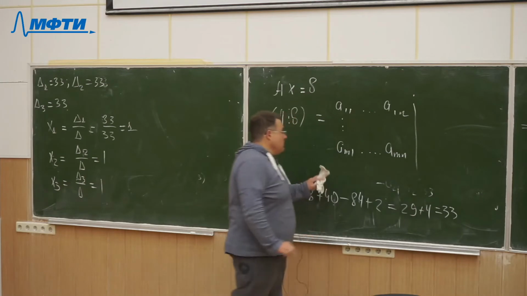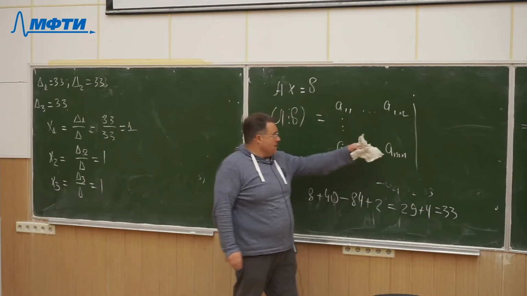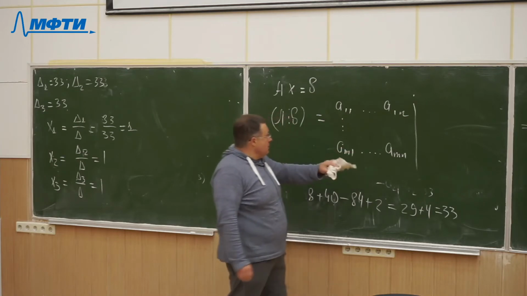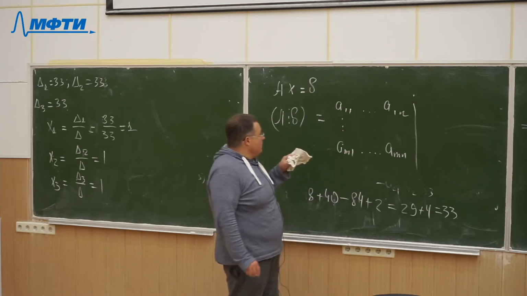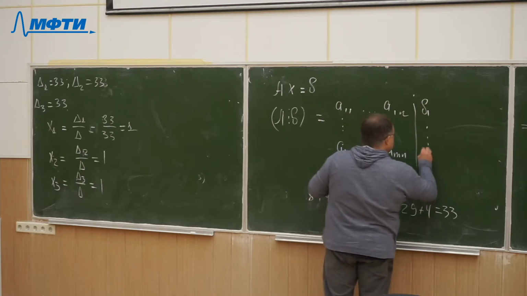Let's simply write in the right-hand side the column of the arbitrary terms b1, bm.